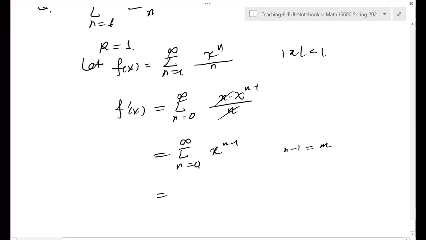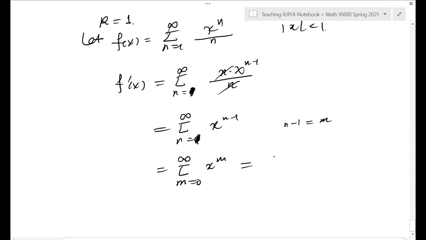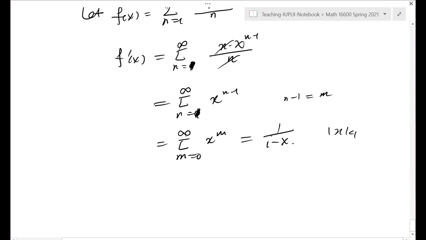When n starts from 1, m starts from 0, and x to the m. So I know this is going to be 1 over 1 minus x, for absolute value of x less than 1. So the derivative of the function is 1 over 1 minus x.